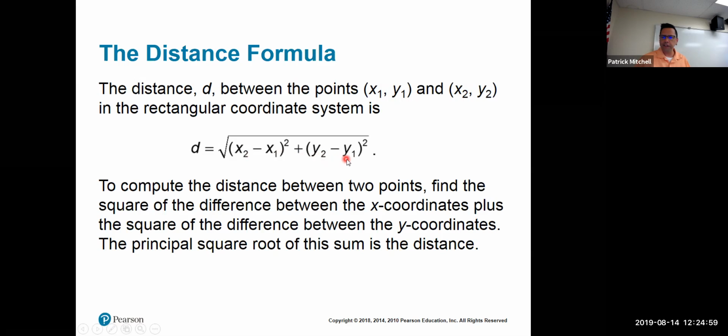And then this difference here would be the other leg, which is the vertical side. So you find those differences, you square them, add them together, and then to find d, as opposed to d squared, you would take the square root of this thing.